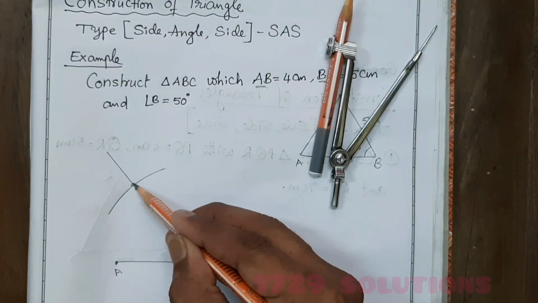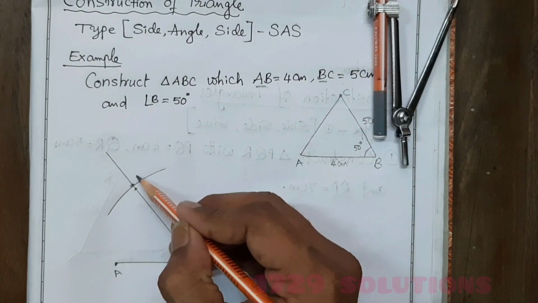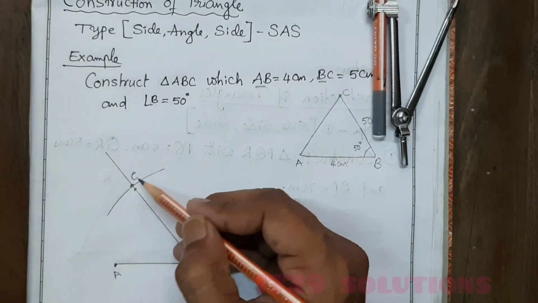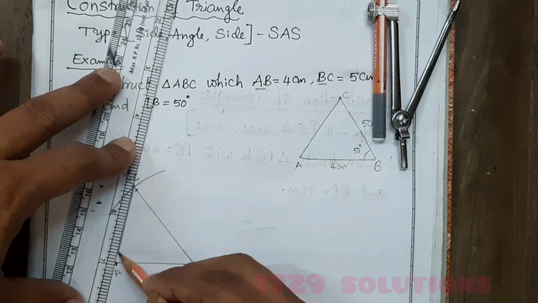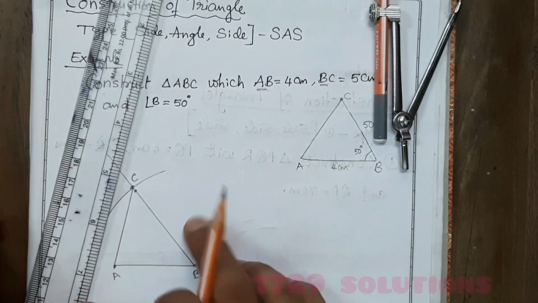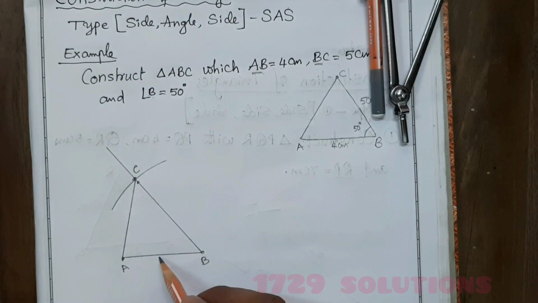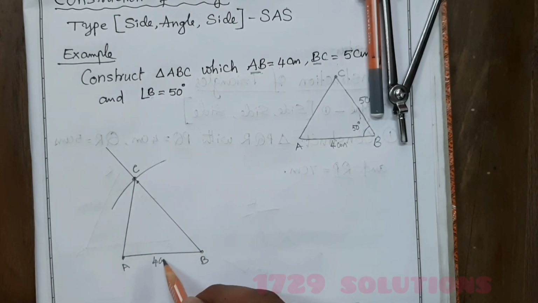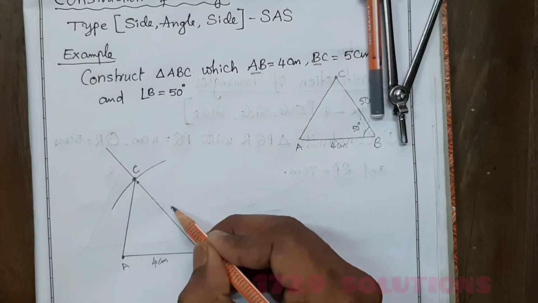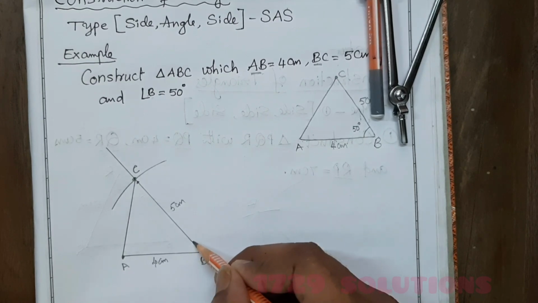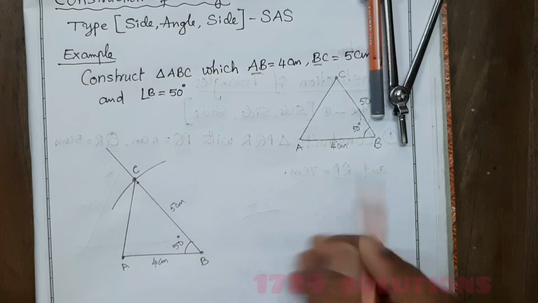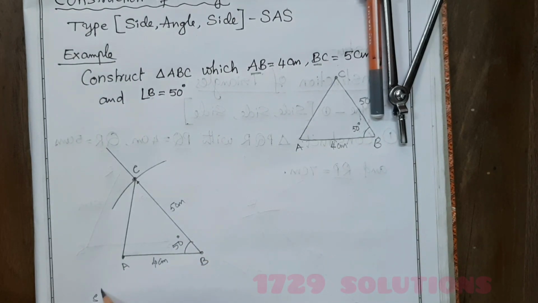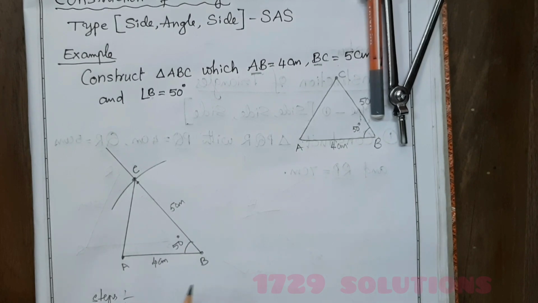The point name is C. Take the scale and join AC. So this is our required triangle with 4 centimeters base, 5 centimeters and 50 degrees as the angle. Okay, so after that you need to write the steps and complete your problem.